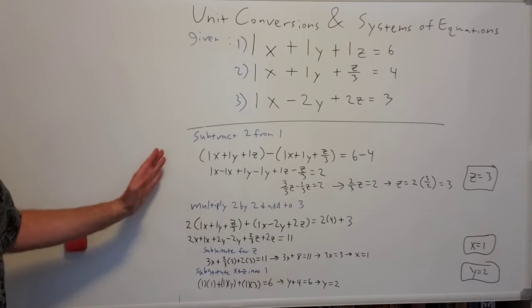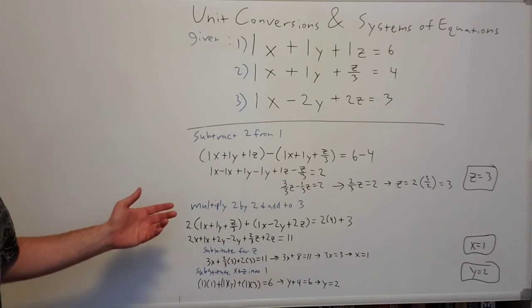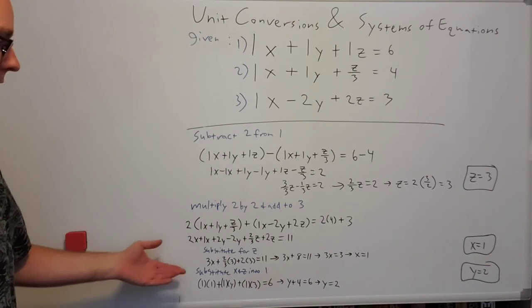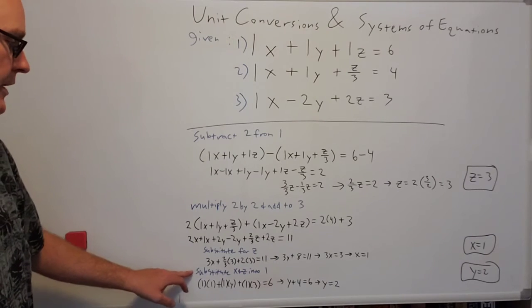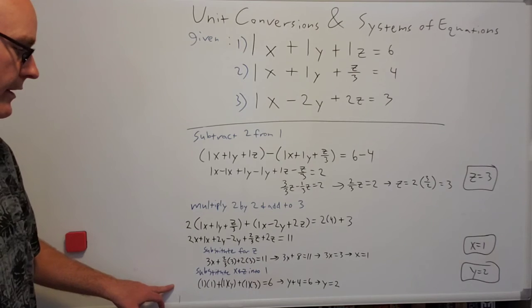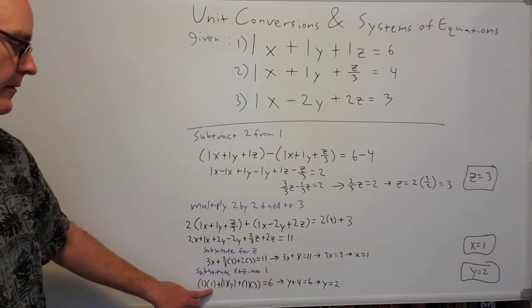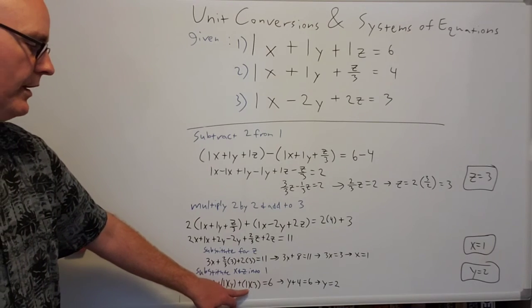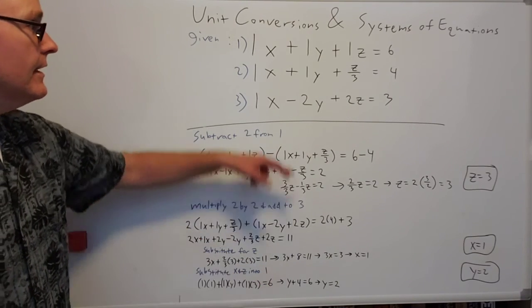So now that I have x and z, I can use any of my equations to solve for y. I chose the first equation. So substituting in x and z values into equation 1, I get 1 times 1 plus 1 times y plus 1 times 3 is equal to 6. That's from equation 1.